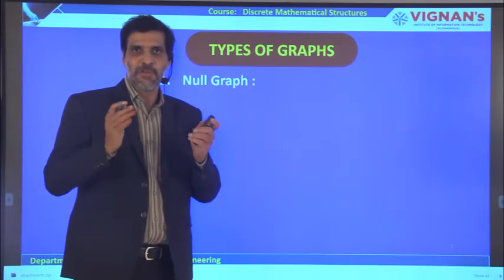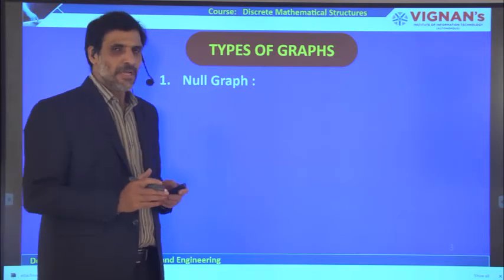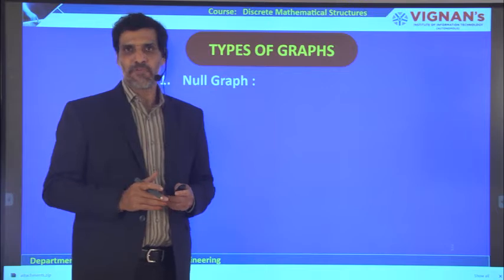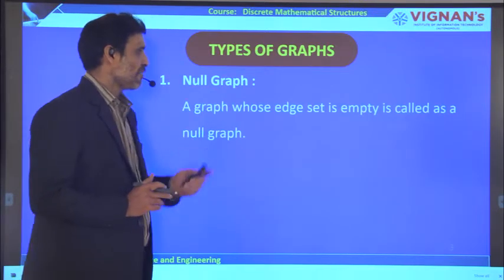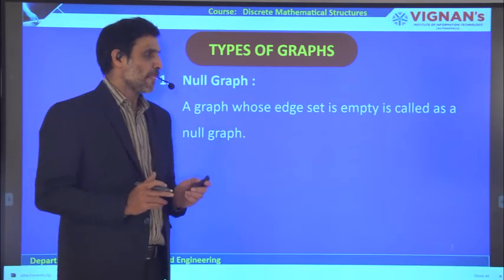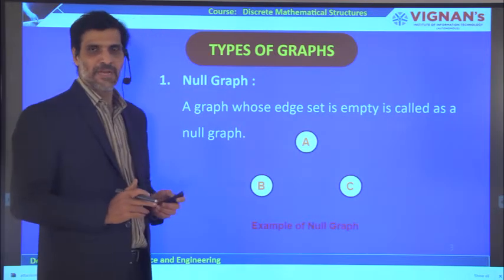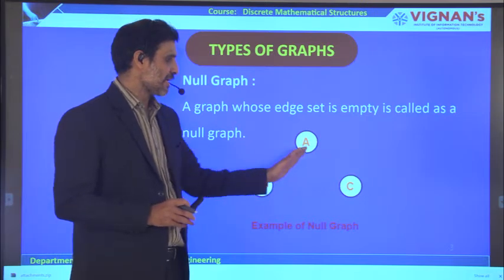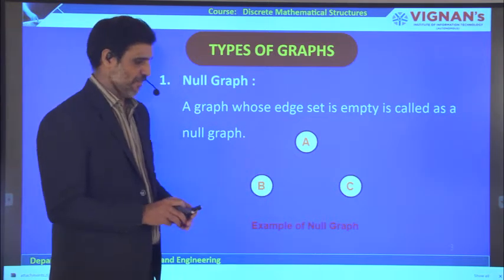If the vertices were empty, there would be no need to define a graph. So if the edges are empty, then such a graph we call a null graph. This is the basic definition. A graph whose edge set is empty is called a null graph, and this is an example of a null graph. If you observe this graph, it does not contain any edges. That's why it is called a null graph.